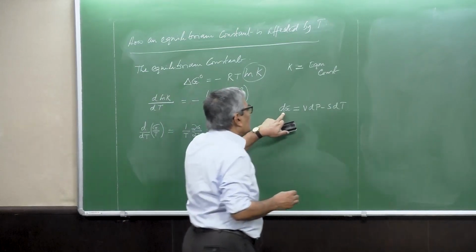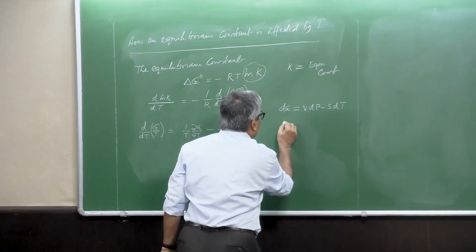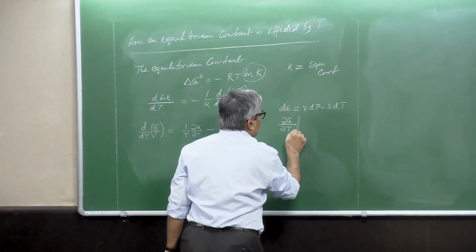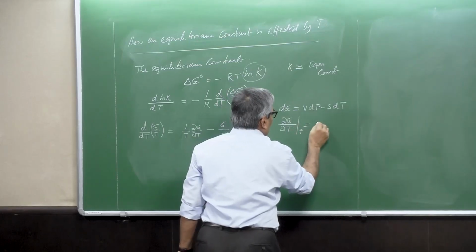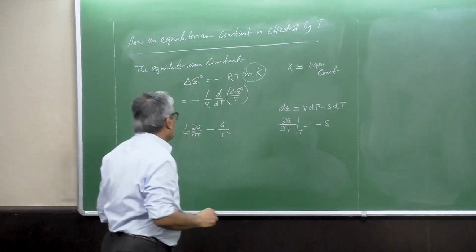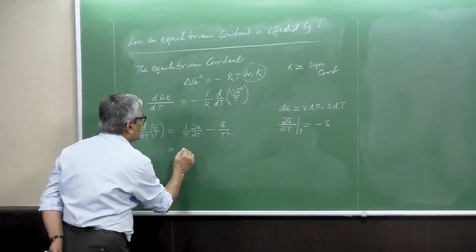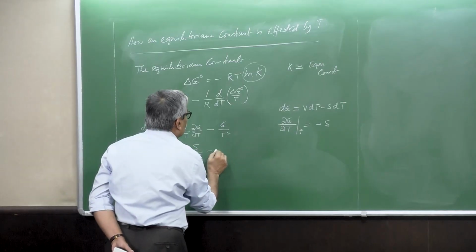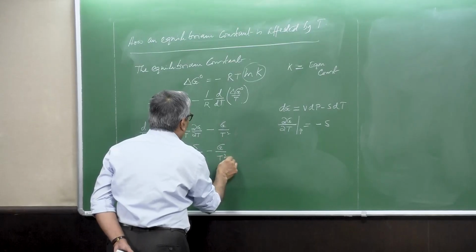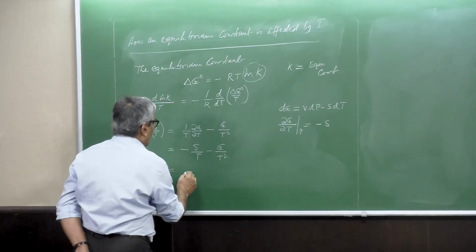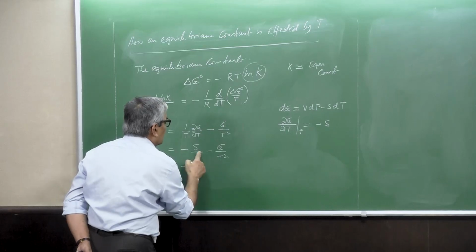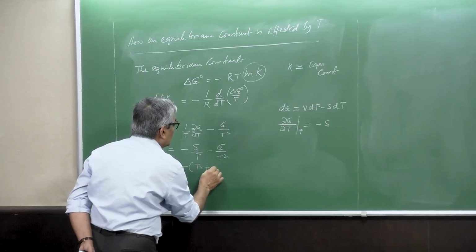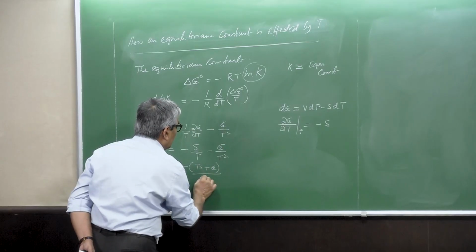So that means that del G del T at constant P is equal to minus S. So del G del T is basically, I can write it as minus S by T minus G by T square, and that is equal to minus TS plus G divided by T square.